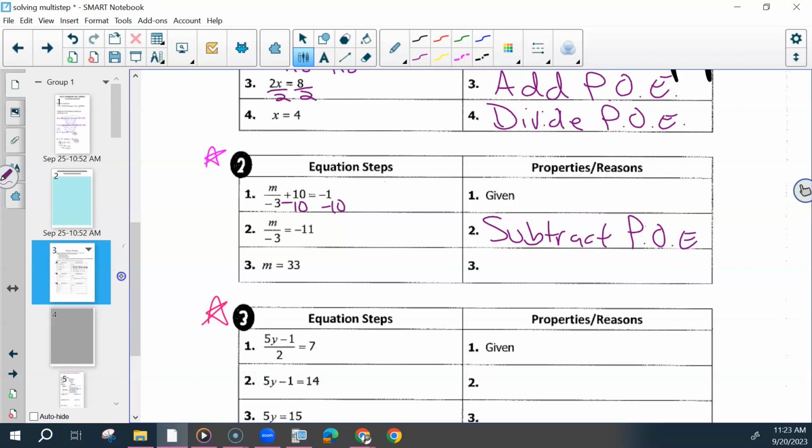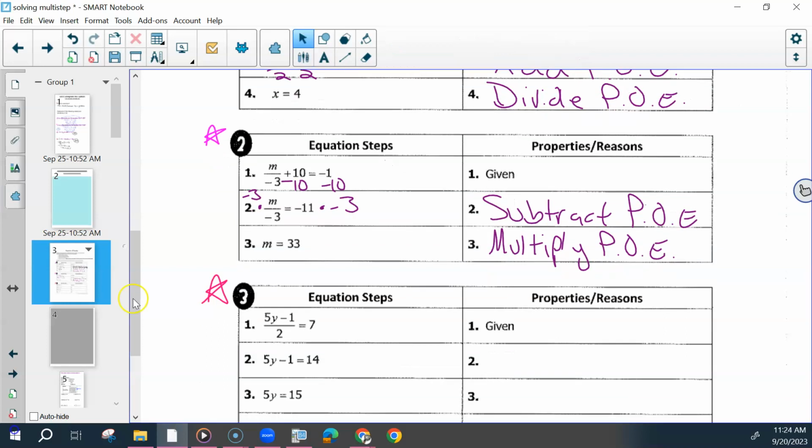You were already dividing, so they multiply on both sides. Questions on example 2 before I have you try example 3? Go ahead and try example 3.